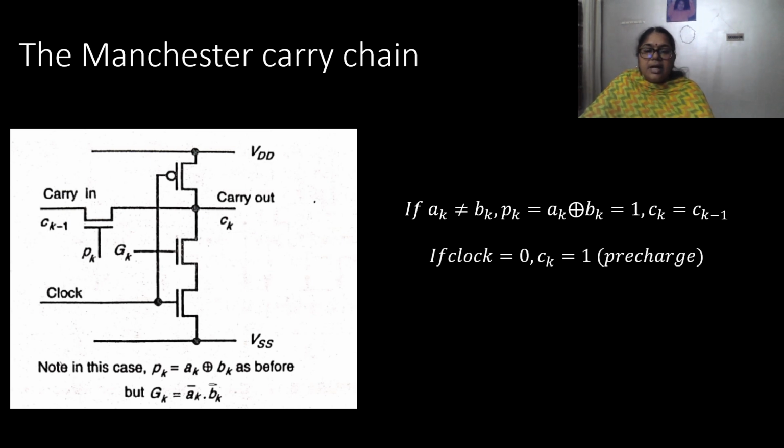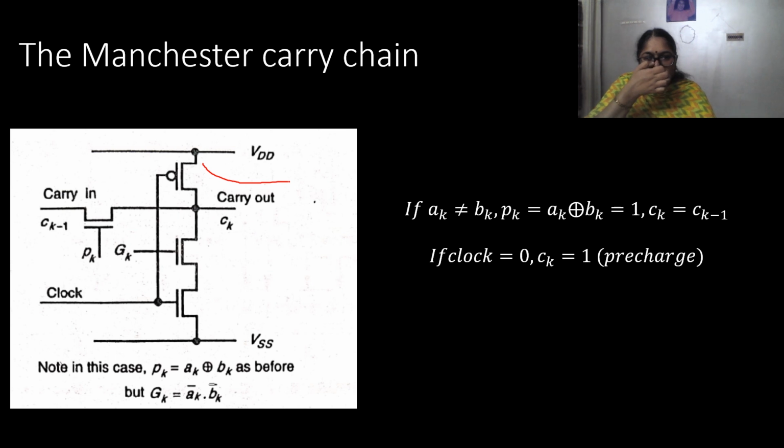Similarly, when clock is equal to 0, this clock signal is given to the gate of the PMOS transistor and the gate of this NMOS transistor. So if clock is equal to 0, then the PMOS transistor is on, thus causing the output carry to be charged to 1.